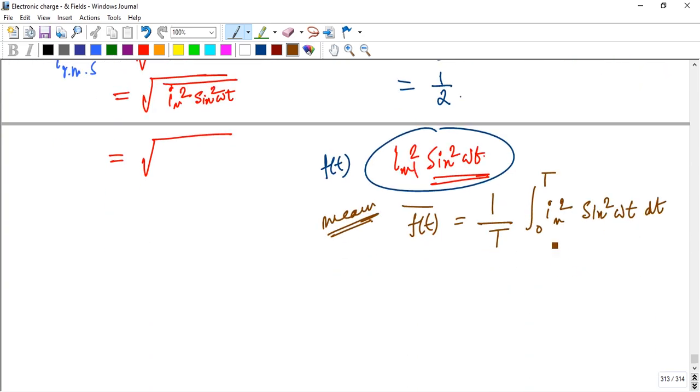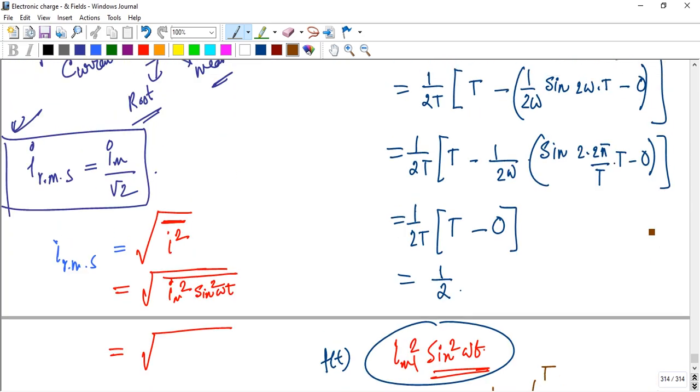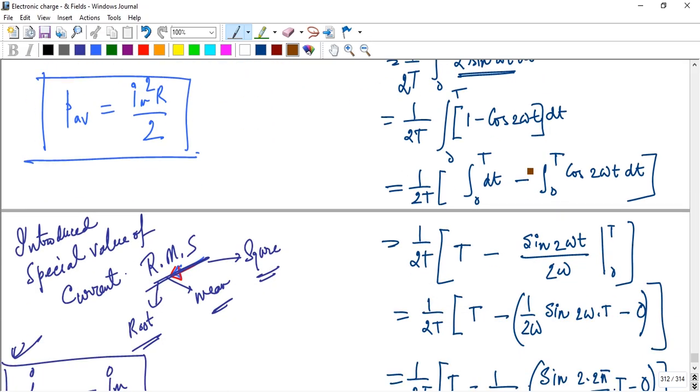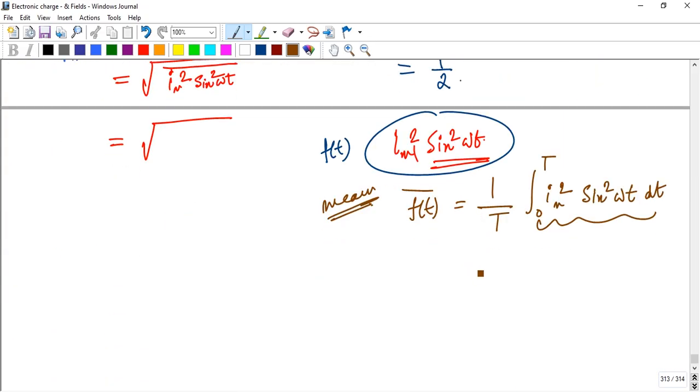These are similar integrations. Taking Im square outside the integration, we get Im square by T times the integral from 0 to T of sine square omega t dt.